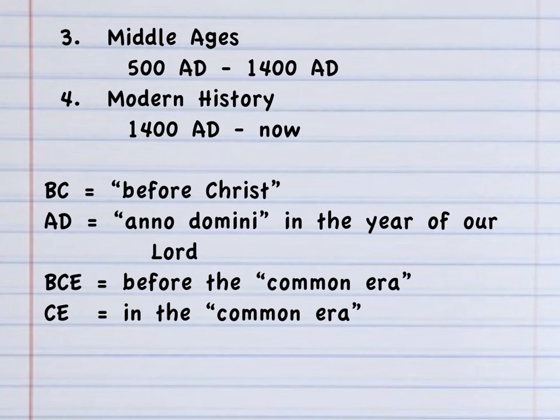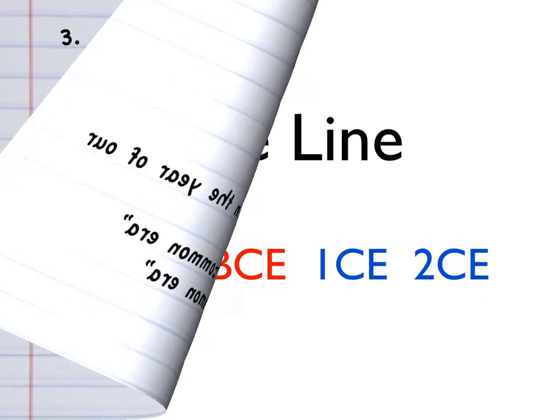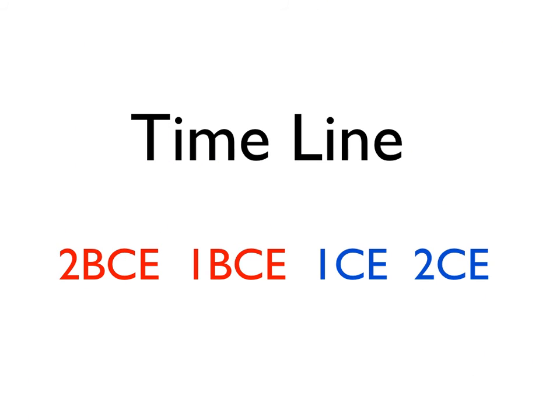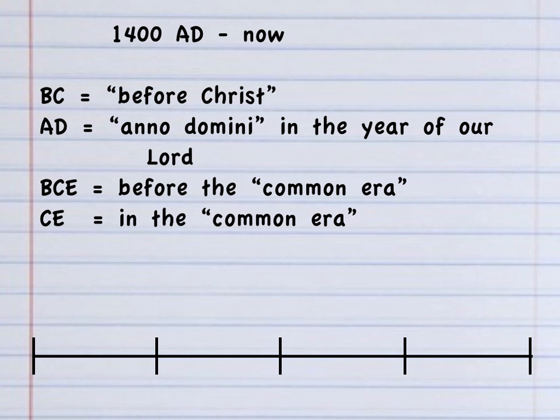Now, the calendar is exactly the same, and it still, in reality, does count from the birth year of Christ, but we use BCE and CE now instead of the more religious terms BC and AD. Here's a timeline showing that CE takes the place of AD and counts off to the right, and BC has now become BCE, before the Common Era. You probably see both terms still.